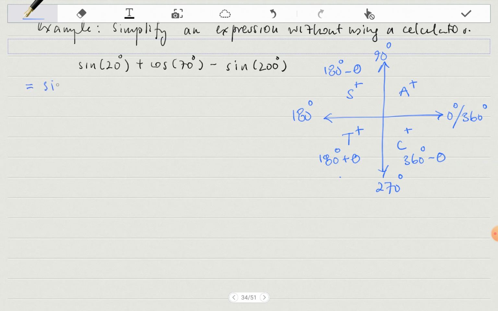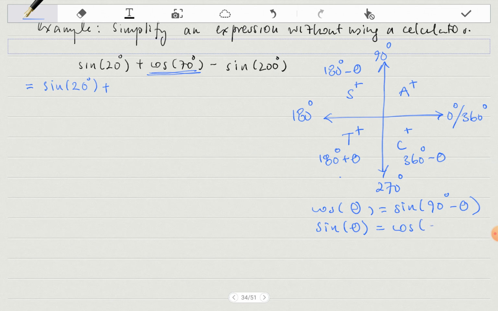Coming down to the question, sine of 20 degrees you can't simplify any further, so we're going to keep that as sine of 20. And cos of 70 we can't simplify either, but what we can do is use a co-ratio here. Just to recap, in terms of the co-ratios, cos of theta is sine of 90 minus theta, and sine of theta is cos of 90 minus theta.